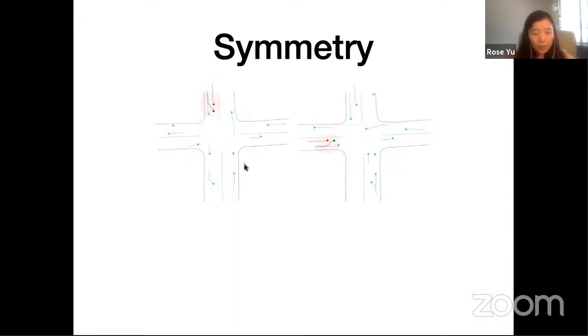On the left side, we're looking at the intersection where we want the model to predict a right turn. If a model is successful, then it should be able to distinguish left from right turns. If we rotate this reference frame by 90 degrees, then the model should give consistent predictions, even if the reference frame or this intersection has been rotated with a slightly different orientation.